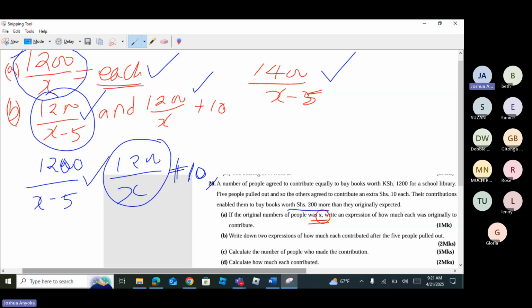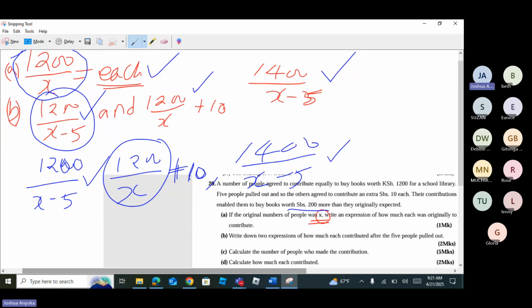So we want now to know what each contributed after. Still, I think 1,400 over x minus 5 is a valid argument. Yes, it is very, very valid. Let's try and see the justification as we move on.